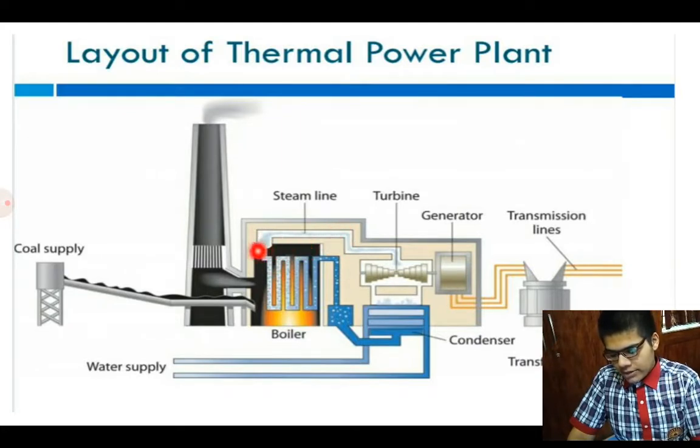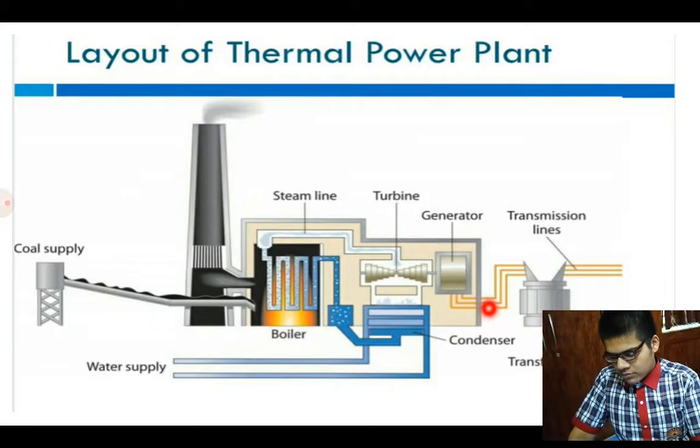The steam goes to the turbines, which are rotated with the high pressure of the steam. The turbine is attached to the generator, which is the alternator, and the generator works when the turbine rotates, and it produces electricity.